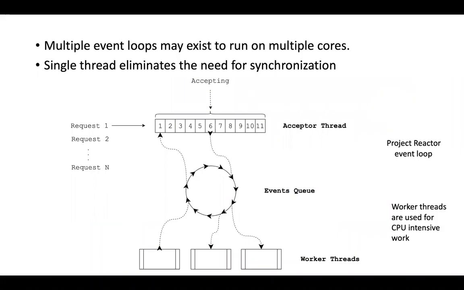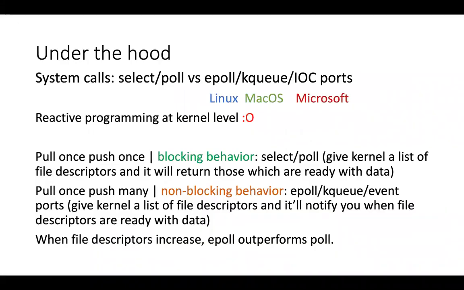If I come to this, what happens is that whenever we have to do certain network activity, or we are reading from a file, or we are dealing with sockets, right?